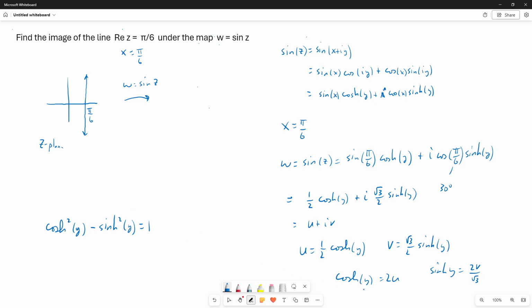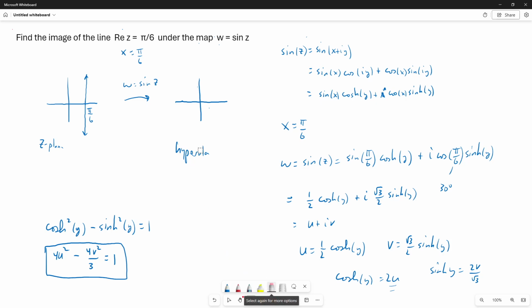Cosh squared is 4u squared, and sinh squared is 4v squared over 3. So we get this equation in the uv plane: 4u squared minus 4v squared over 3 equals 1. And this equation is a hyperbola. It is a hyperbola in the uv plane.